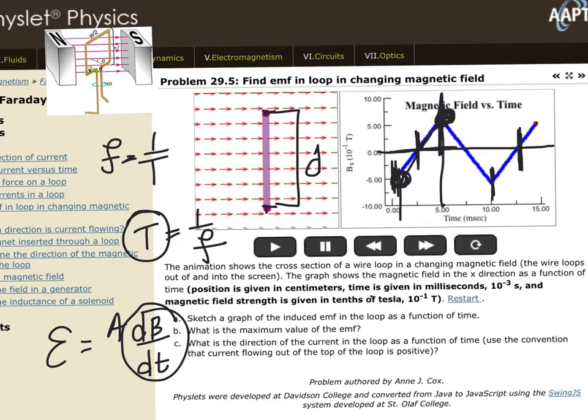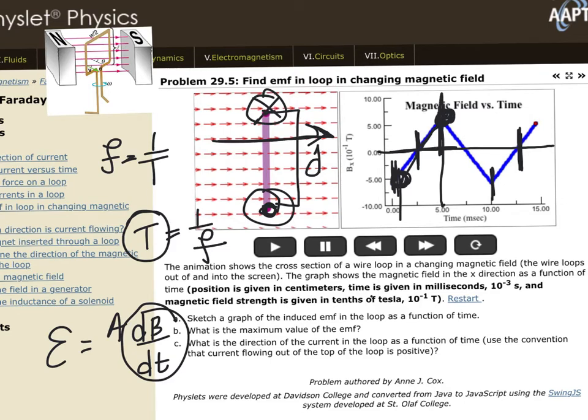In terms of direction, when the field is increasing in this direction, the induced EMF has to produce a flux which opposes the increase. So the current needs to go in here and come out here. That's when the field in the positive direction is increasing, right?